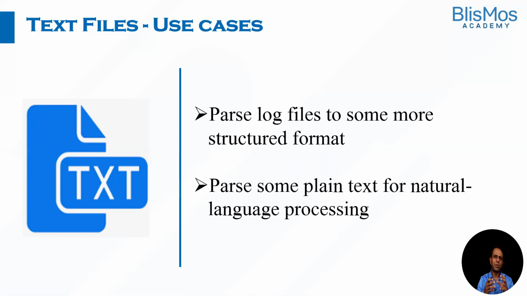We'll be able to do all those kinds of analysis when we read a text file into a data frame and subject the data frame to further analysis. And also you can parse some plain text files for natural language processing. These are the use cases of reading a text file and subjecting that to further transformation depending upon the needs of the project.